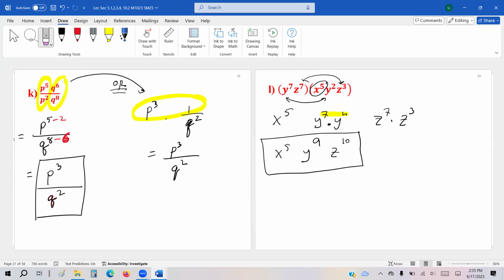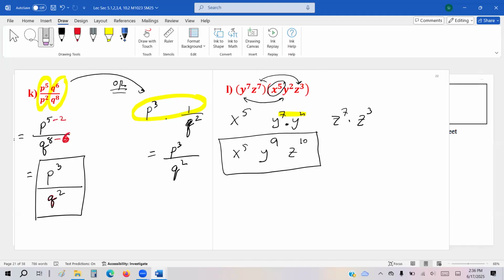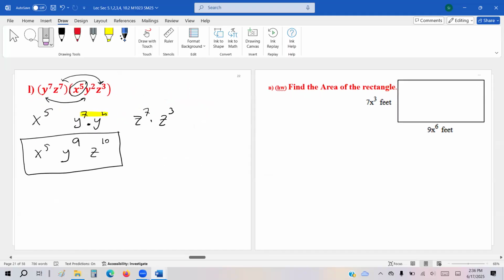It's just combination. You're combining your powers based on the base. But if you have a plus or minus, that means you have to distribute. So you're going to learn plus and minus later. But for now, it's just combination, combining powers.